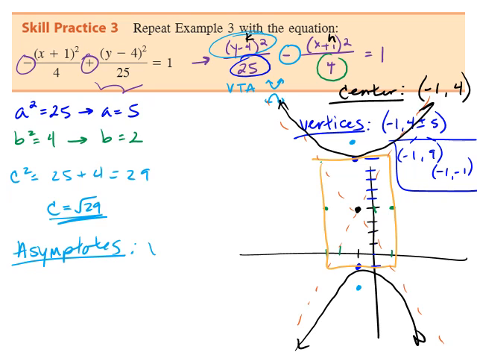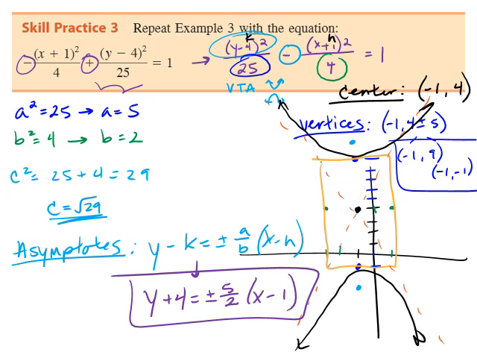In this case, it's going to be y minus k is equal to plus or minus a divided by b times x minus h. Plugging in what we know, we have y plus 4 is equal to plus or minus 5 halves times x minus 1. Hopefully that's what you got when you did it on your own.